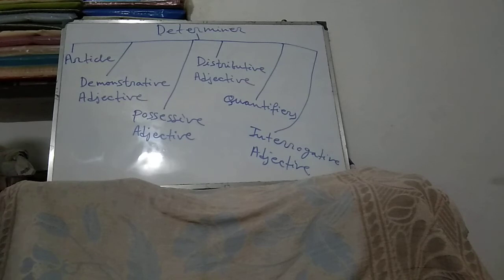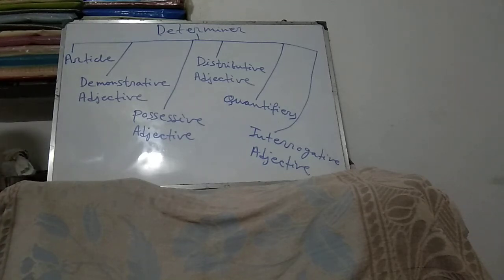These are the classification which have been given in your book. Determiners are of 6 types, and they are these: article. Article means, you all know, a and the. Demonstrative adjective, that means this, that, these, those. These are given in your book.